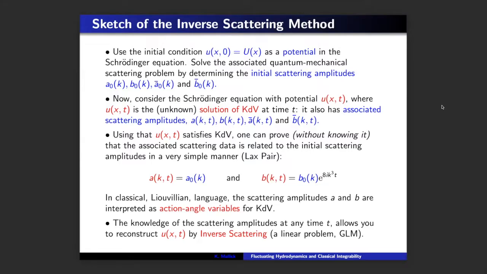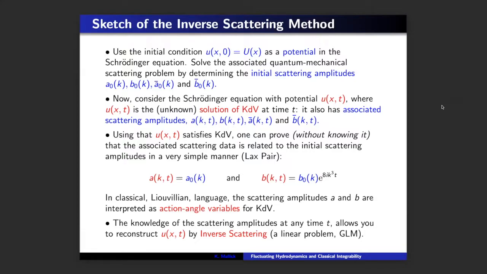And the miracle is that even if you don't know what is u(x,t), you know the scattering data which is associated with it. This is the absolute miracle of this method, that without even knowing the shape of u(x,t), you know the scattering amplitudes as simple functions of the initial scattering amplitudes. In fact, they evolve in a rather trivial way.